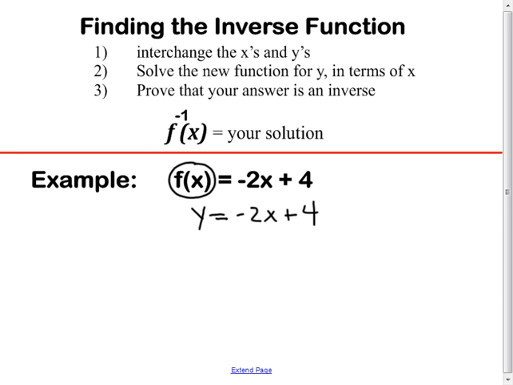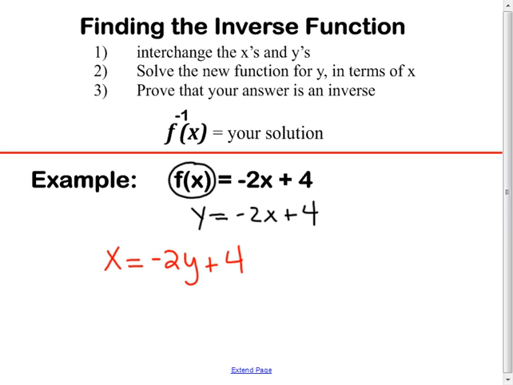So the first step in finding the inverse function is to switch the x's and the y's around. So when I switch the x's and the y's around, it would look like this. What was a y becomes an x, and what was an x becomes a y. So that was step number 1, interchange the x's and the y's. Step number 2, solve the new function for y in terms of x.